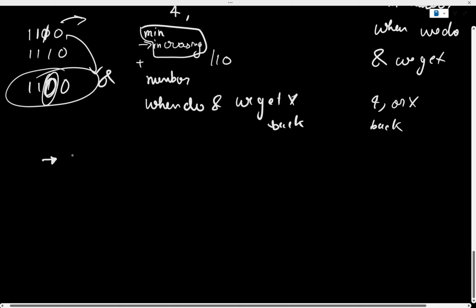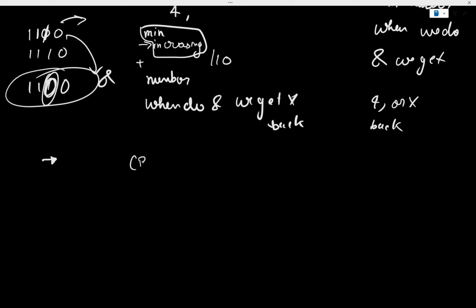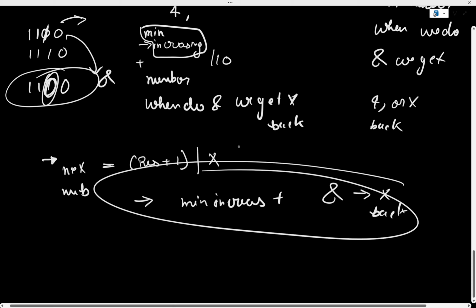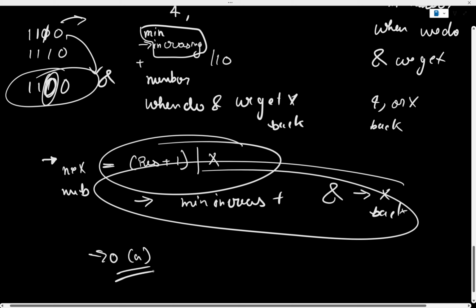So what we do is result plus 1 and OR x. This will ensure the next number we get is the minimum increase such that when we do AND we'll get x back. So this is what we need to do, and this approach is O of n.